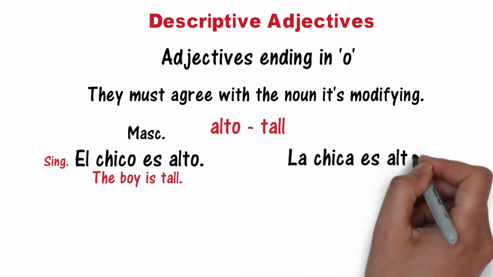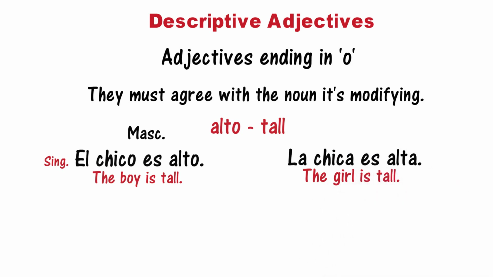La chica es alta. So the adjective alto changes, agreeing with the gender of the noun. The gender of the noun in the second example is feminine, la chica, so the O changes to A. So we have el chico es alto, la chica es alta.